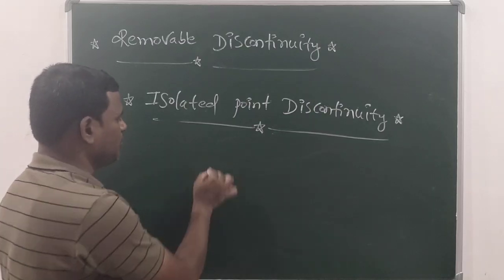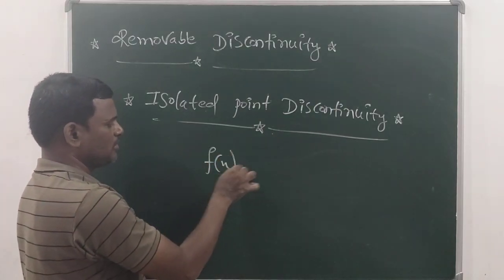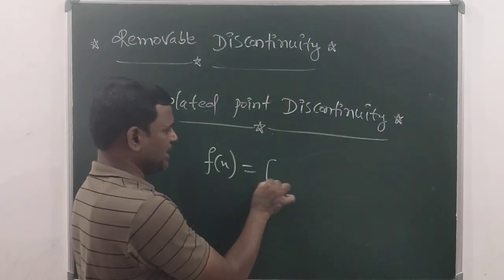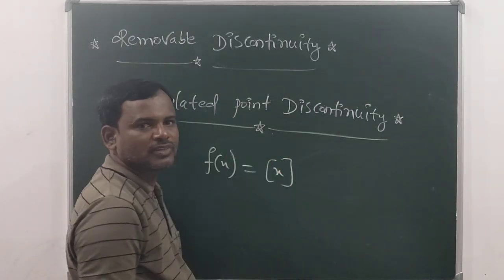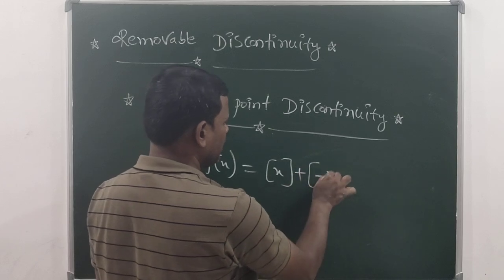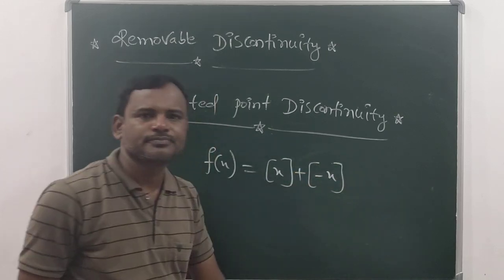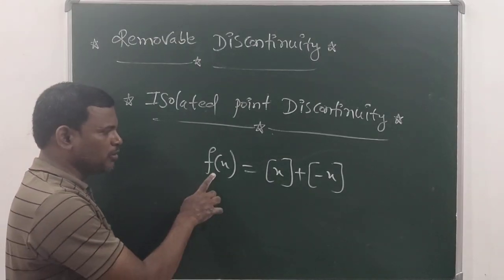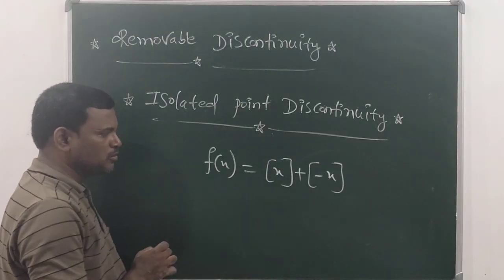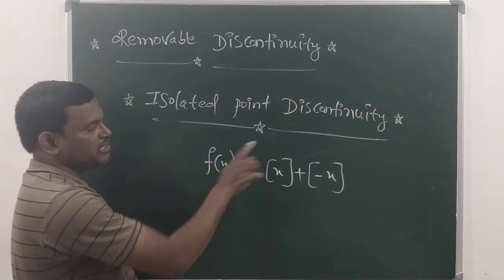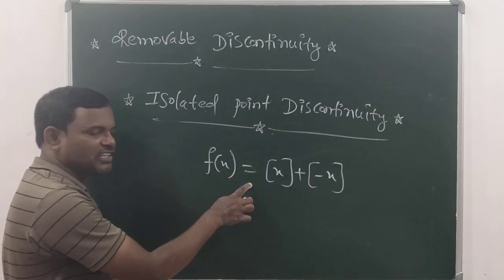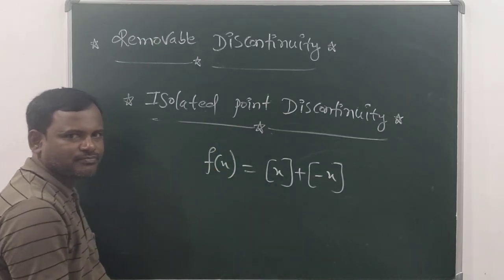Now, I give you one example. f of x. Now, students, see, take this function: step x plus step of minus x. Now, I am asking you to check the continuity of this function at any real number.